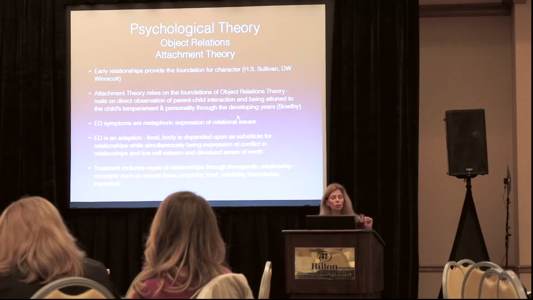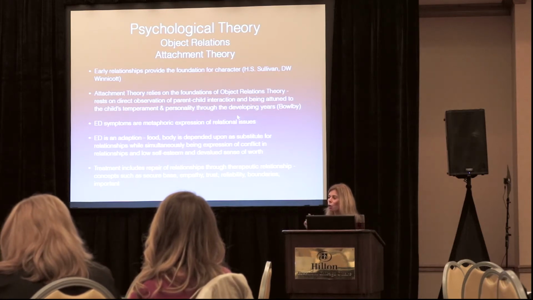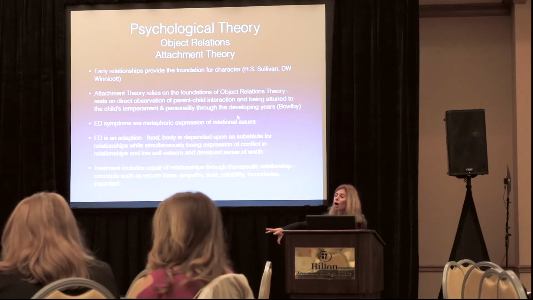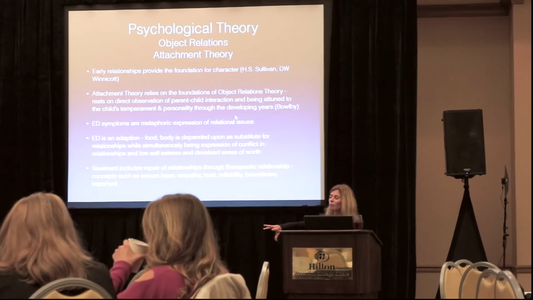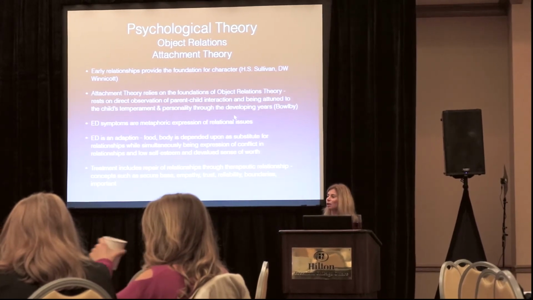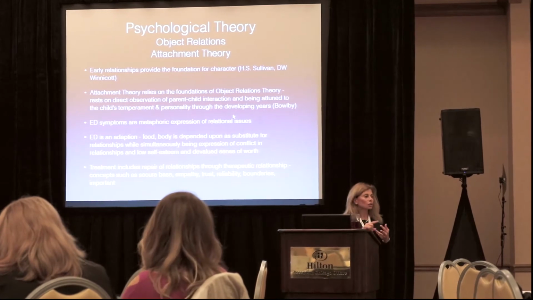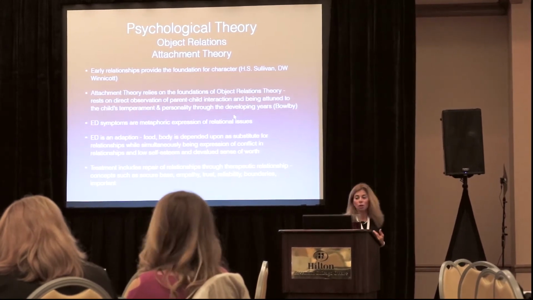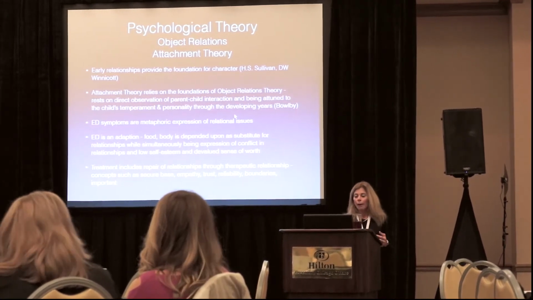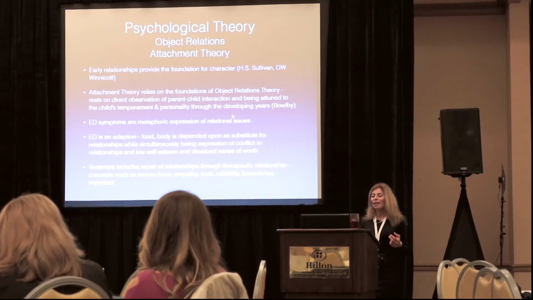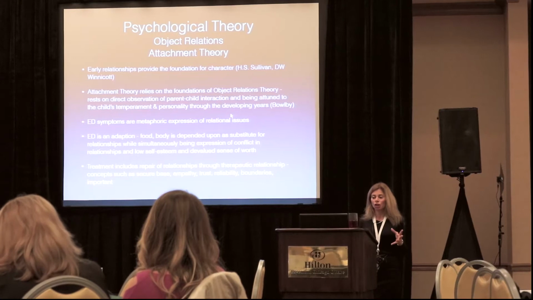What are we observing about the relationships? How does all this play together? And it moves us further away from just the internal mechanisms into the social world, the interpersonal world, the fundamental relationship world. So as I mentioned, the food and the body become a substitute for relationships.